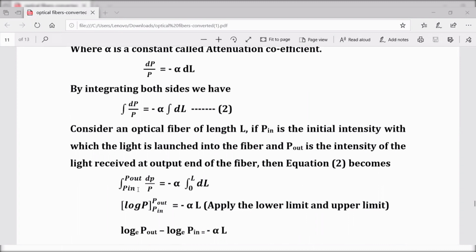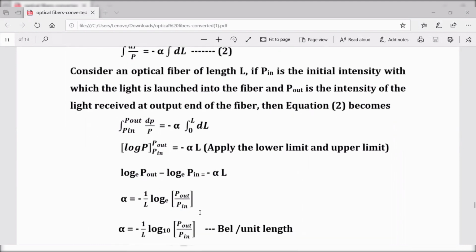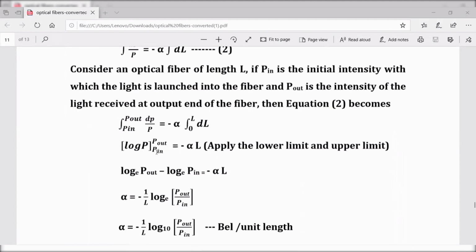So, after integration, integration of dP by P is log P, under the limit P in to P out, which is equal to minus alpha into integration of dL, which is L. Now, let us apply the limit.